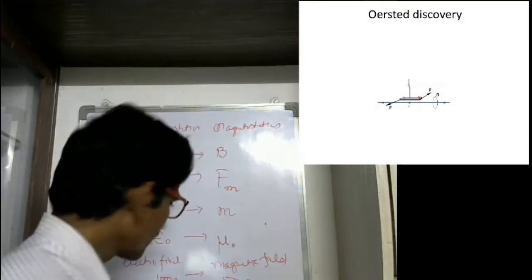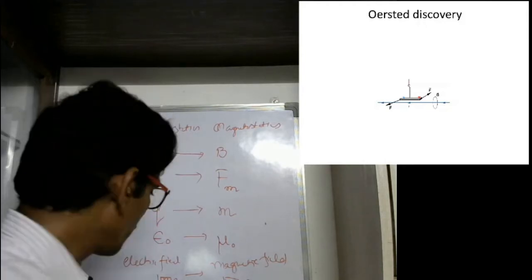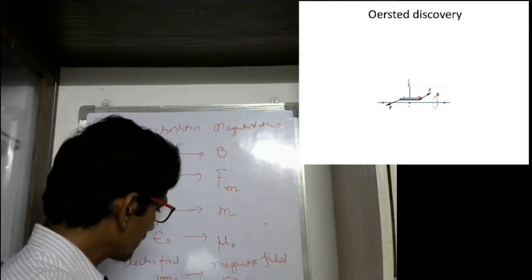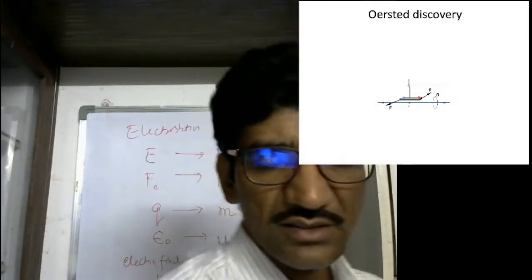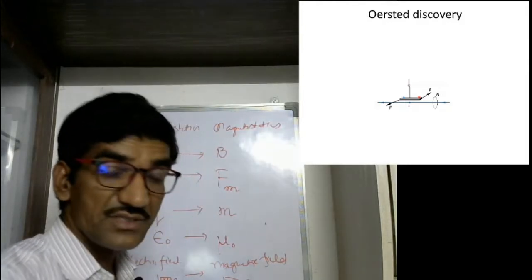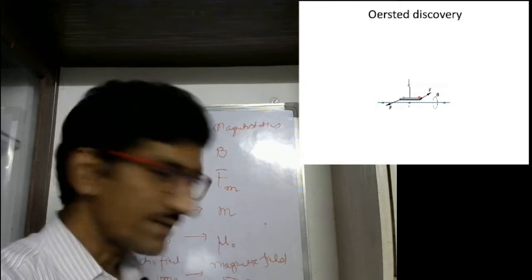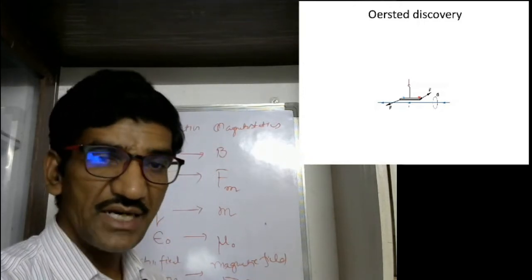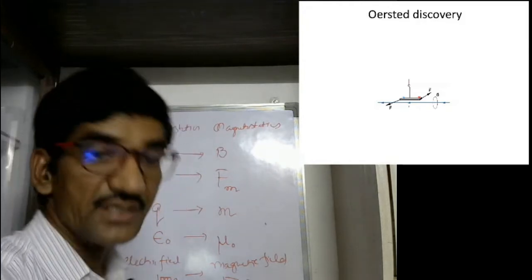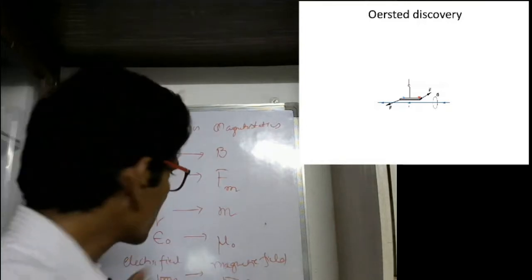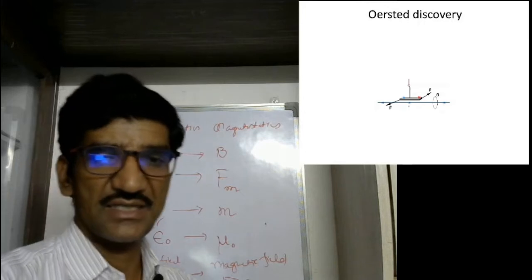So here the positive charge is replaced by the North Pole. You have two polarities: positive charge, North Pole; negative charge, South Pole. In electrostatics, field lines start from positive charge and terminate in negative charge. In magnetostatics, magnetic field lines and force lines start from the north pole and terminate in the south pole. These are all the similarities between electrostatics and magnetostatics.